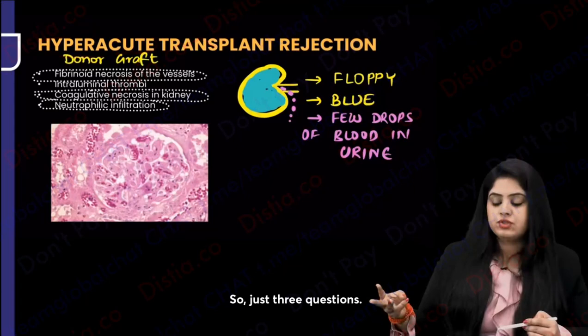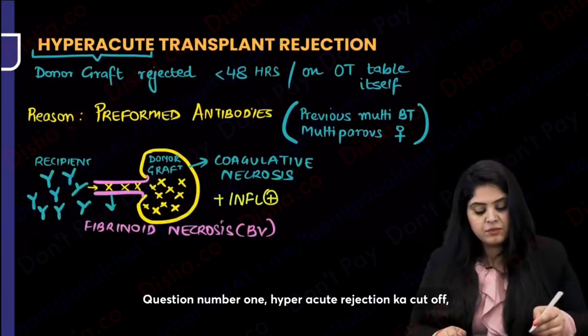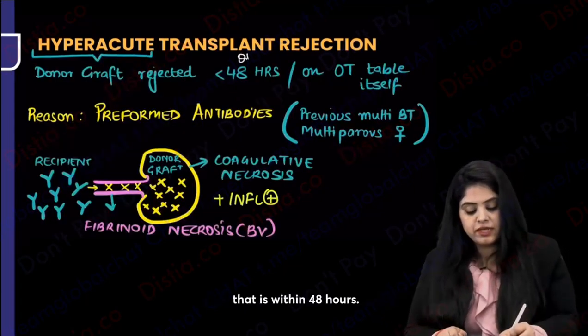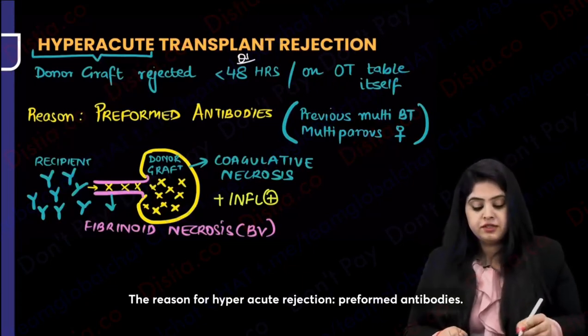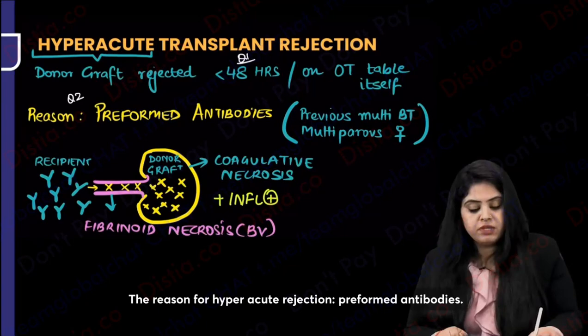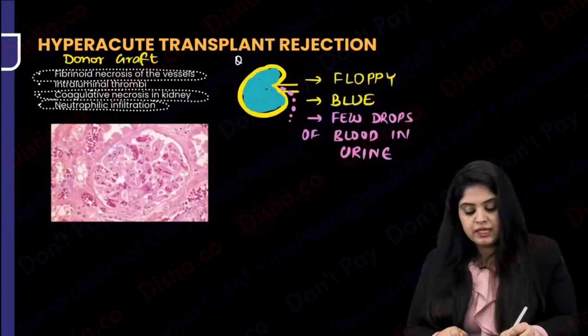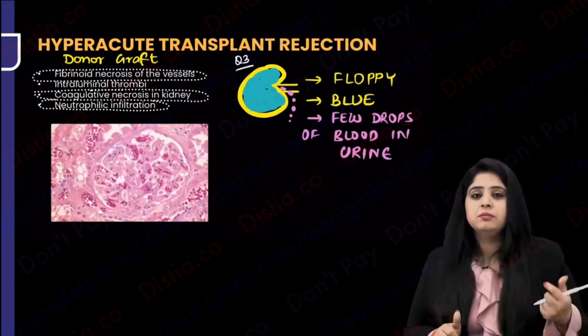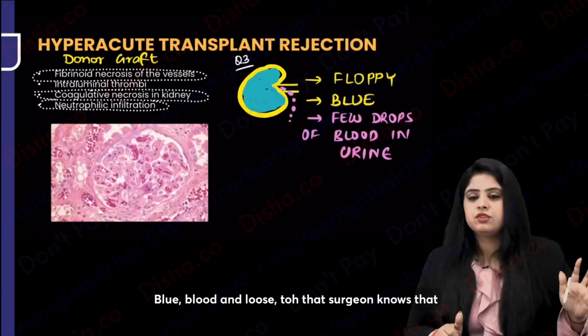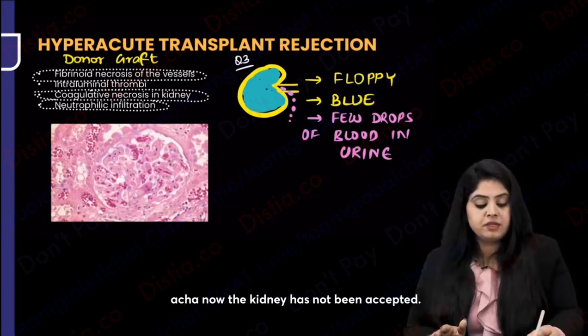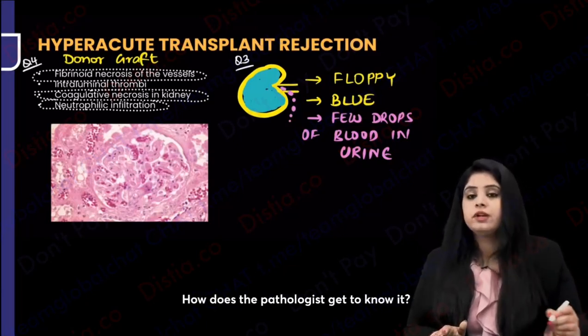So just 3 questions. Question number 1, hyperacute rejection ka cutoff, that is within 48 hours. The reason for hyperacute rejection, preformed antibodies. How is the surgeon going to get to know it? That is, if it is blue, loose and has blood, so the surgeon knows that now the kidney has not been accepted. How does the pathologist get to know it?